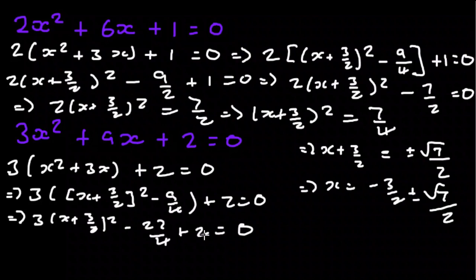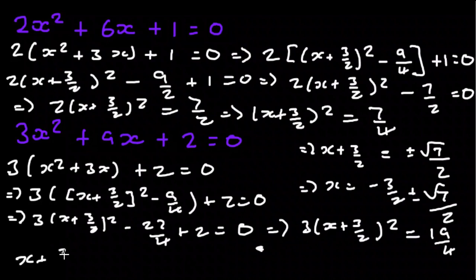Well, 2 is 8 over 4, so writing this out we get 3(x plus 3 over 2) squared, and we're going to add this on, so we've got 27 over 4 minus 8 over 4, and that is 19 over 4. We're then going to divide by the 3 and take square root, so that gives us x plus 3 over 2 is equal to plus or minus the square root of 19 over 12.